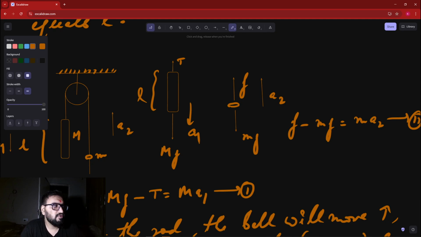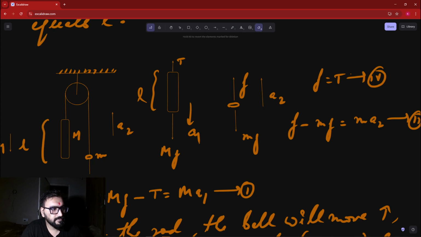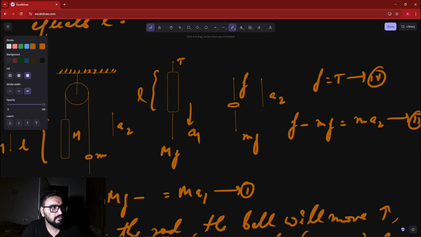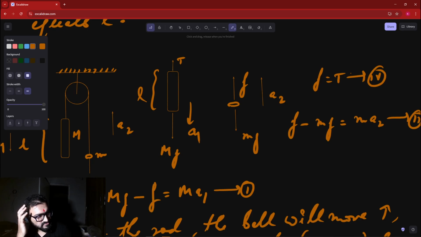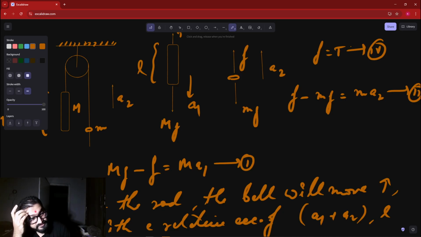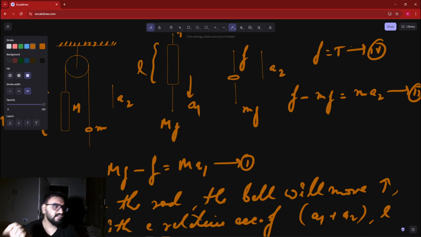Okay, so I can write down one more equation, that is F equal to T. Okay, let's say this is my equation 4, and let me remove this T and replace it by F. Using this equation 4, using these three equations I can find out the value of F, because I have three equations and three unknowns, right? And if I have three equations and three unknowns, I can find out any of the unknowns.